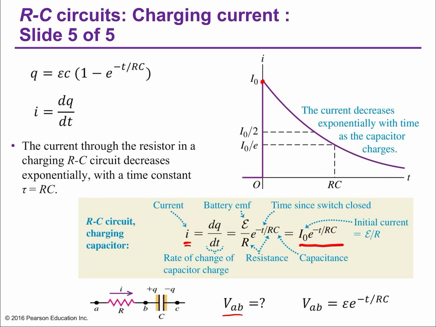In other words, the voltage across the resistor decreases exponentially while the voltage across the capacitor increases exponentially.